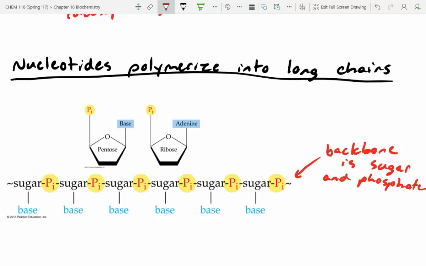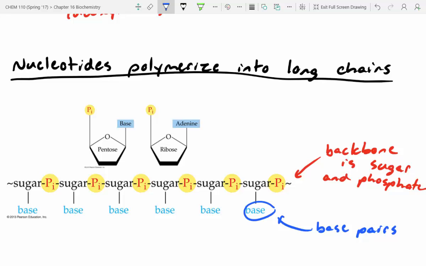And then coming off of the backbone, you've got these other base pairs. And we said the base pairs could be thymine, adenine, guanine, or cytosine. It depends if you've got RNA or DNA. We said RNA has uracil instead of thymine, so it does vary a little bit, but the overall structure is really similar for both RNA and DNA.